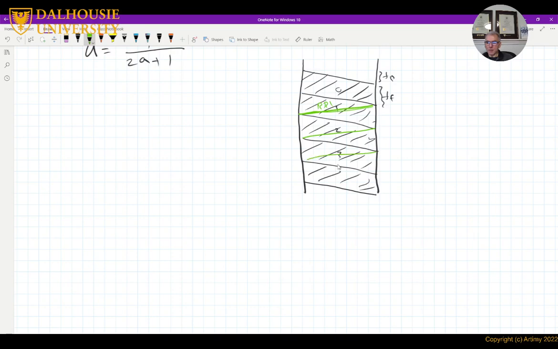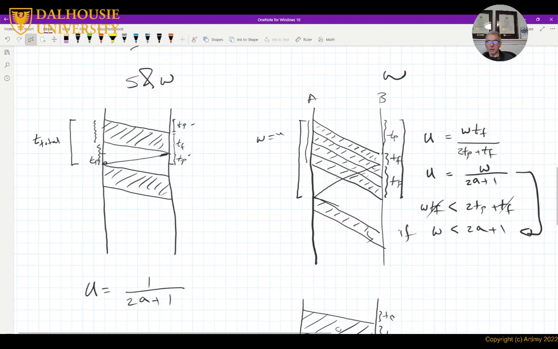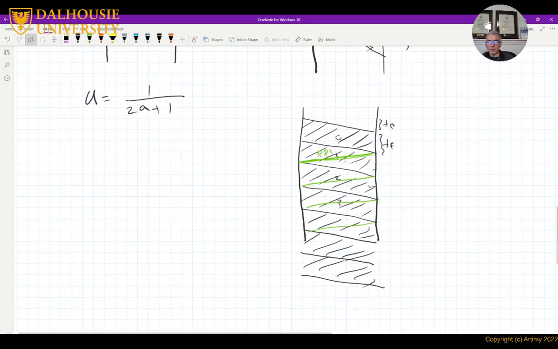You see the acknowledgement comes back on time, so the transmitter never has any time wasted waiting for acknowledgement. Unlike before, here TP was a lot more than the TF. So the transmitter was forced to wait for an acknowledgement. Here, the acknowledgement comes fast because the TF is actually greater than the TP. So the acknowledgement comes fast compared to the TF.